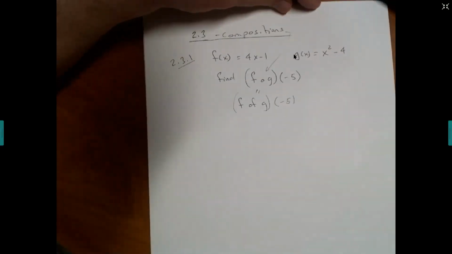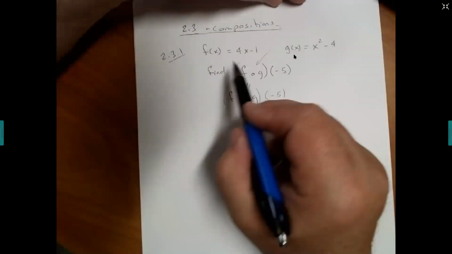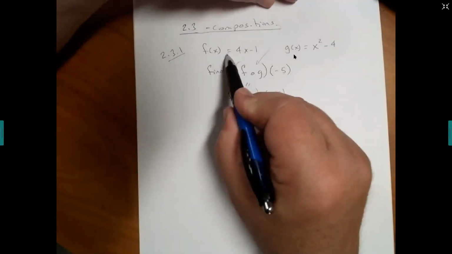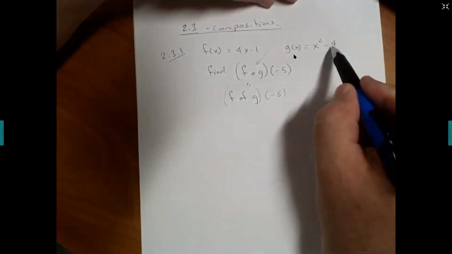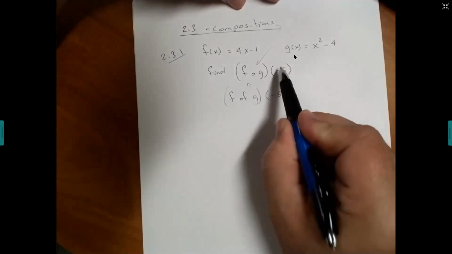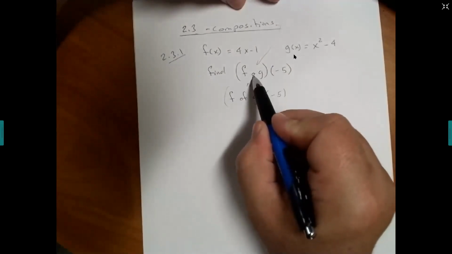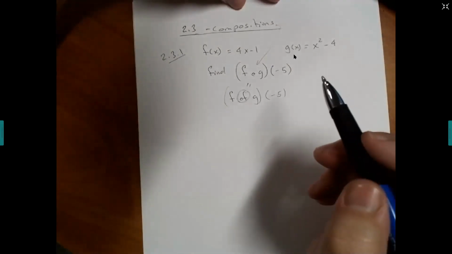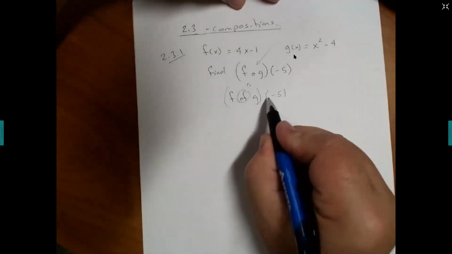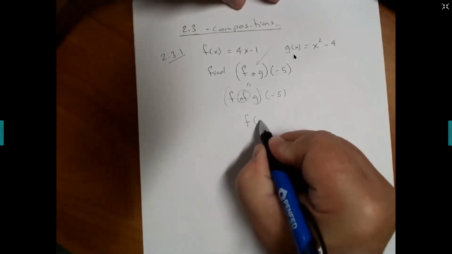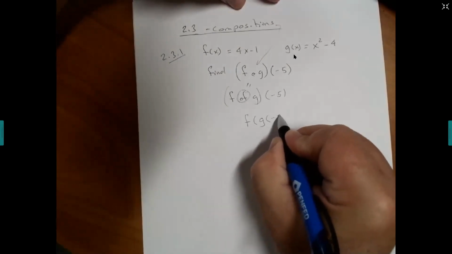So here's our first example. Chapter 2, section 3, number 1. f of x equals 4x minus 1. g of x is that. It's giving us find f of g. So whenever you see this little circle, this O here, that really means of. f of g equals that, which means f of g of -5.